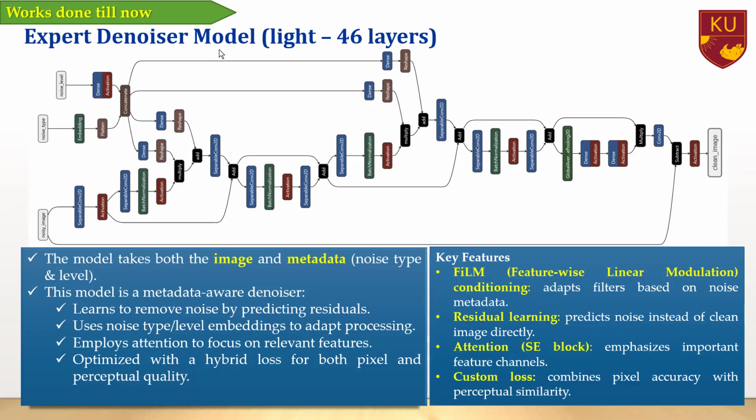So these are the technical details about the models. For FFD-net, we have used batch size 8 and epoch 20, and for DRU-net 8 and 20, noise to noise, noise estimator, expert denoiser, and expert deep and light.